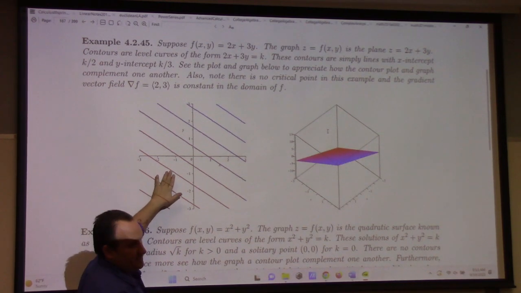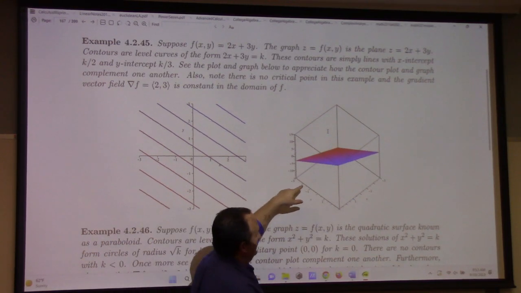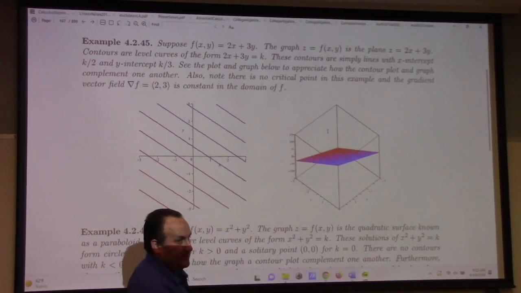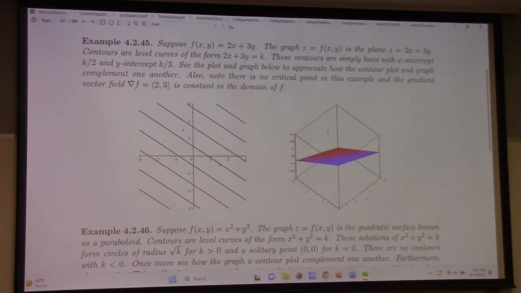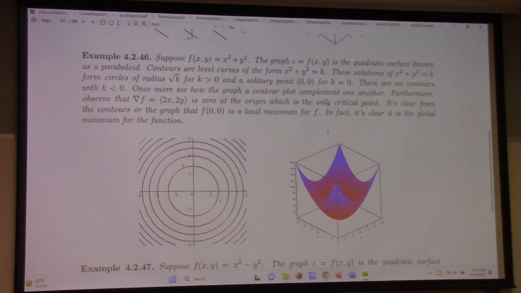So these are contours. Those contours correspond to specific levels in the plane, and the color coding is consistent here. This is how the picture is made. These pictures are made with something called Maple, which sadly we do not have. But I'm sure you could do this in Mathematica if you had a lot of time.